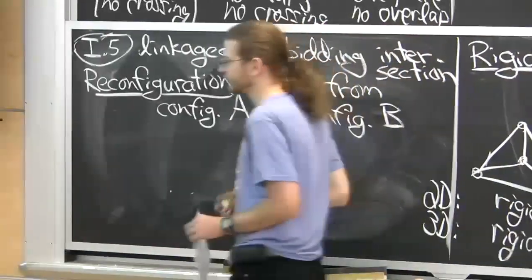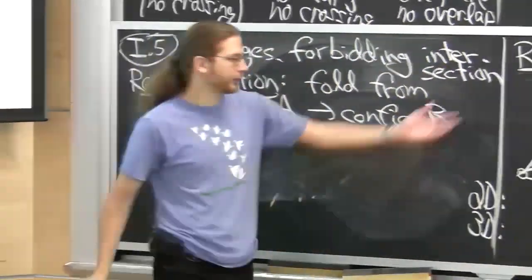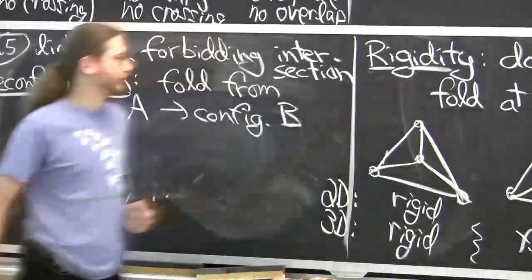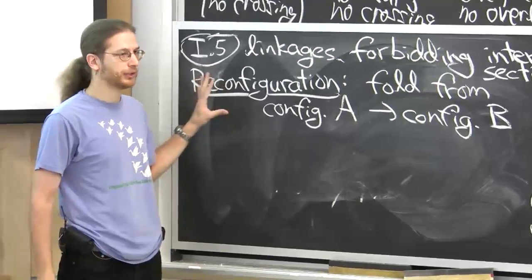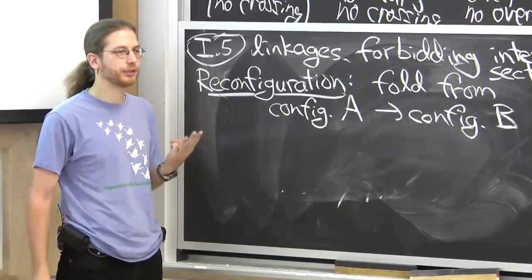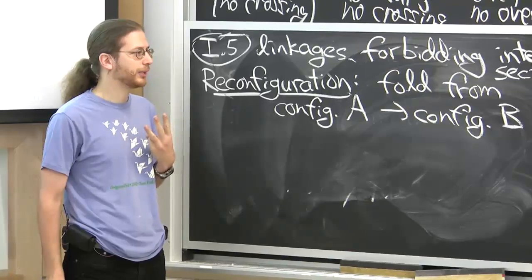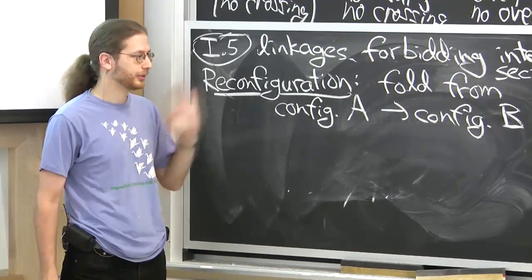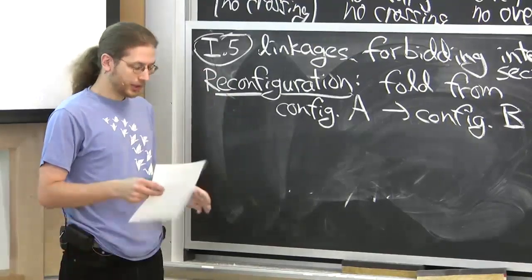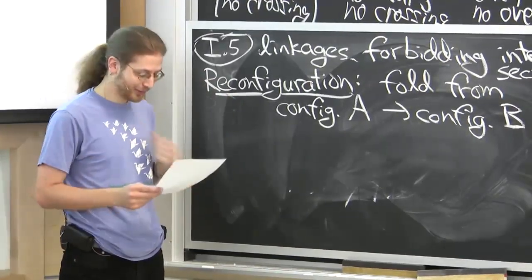Sometimes yes, sometimes no. It depends. Sometimes it's not foldable at all, even when you allow intersections. So this is a pretty open-ended question. In general, it's computationally intractable. If I give you a linkage in two configurations, deciding whether you can go from A to B is, for the complexity theorists, PSPACE-complete. We'll talk about what that means later. Really, really hard is the short version.